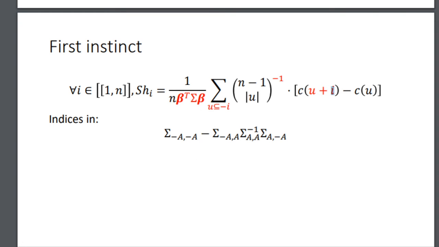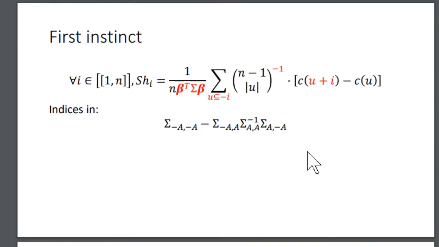I also thought maybe I did the indices wrong, so maybe I did A instead of minus A, or vice versa, that I swapped something. So the indices in here, I was worried it was here, but all of this was correct, and I was shocked. I did not understand why, and let's see what happened later.